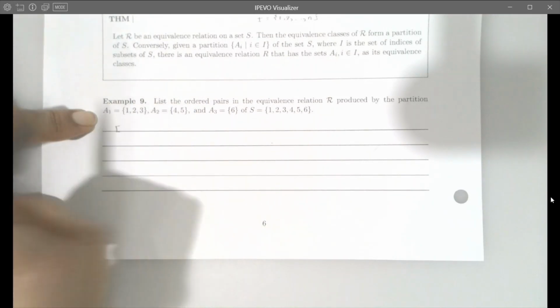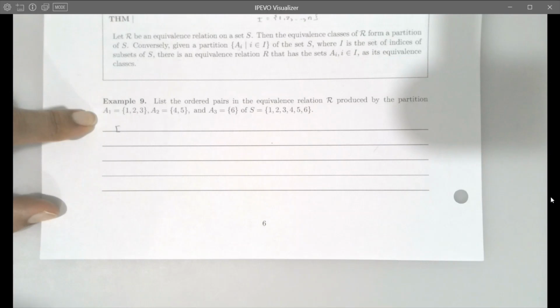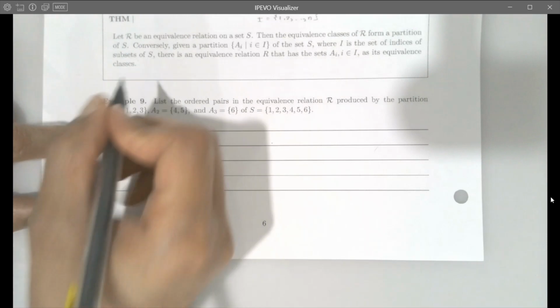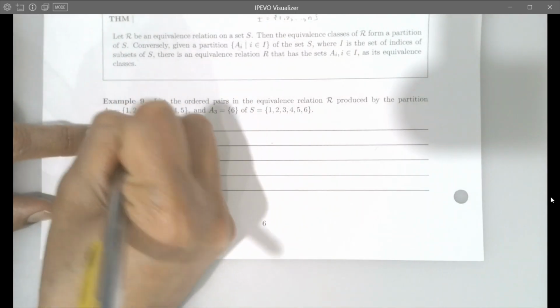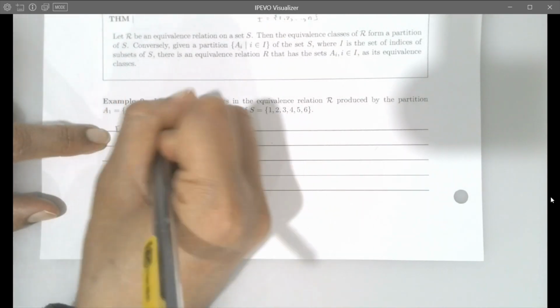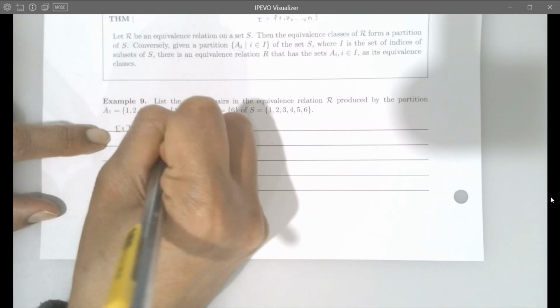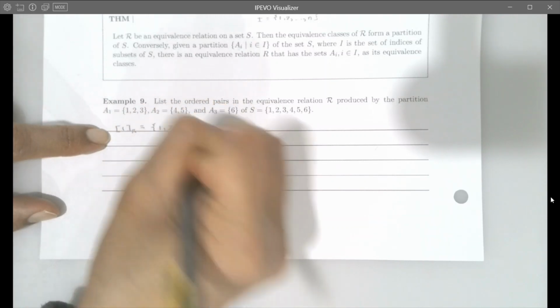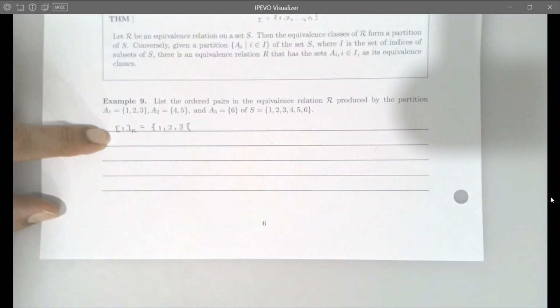Remember, in an equivalence class, it's just a set of elements. We can pick one of the elements as the representative, and there is nothing special about the representative, so it doesn't matter which one we pick. I'm just going to pick element 1 to be a representative of that class, and I'm just going to say this is the equivalence class containing elements 1, 2, and 3.